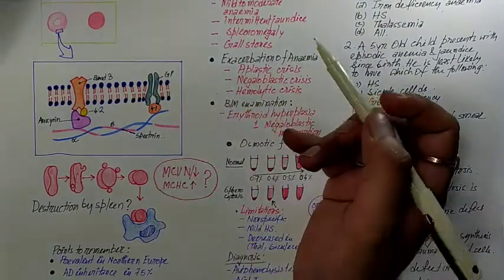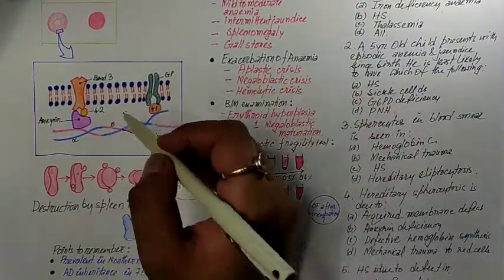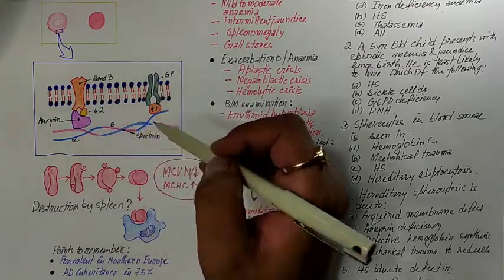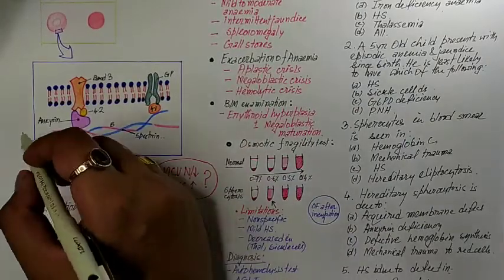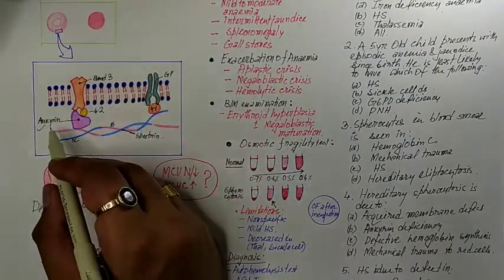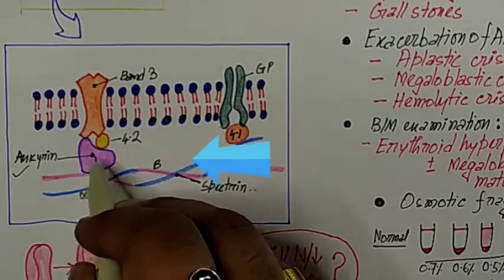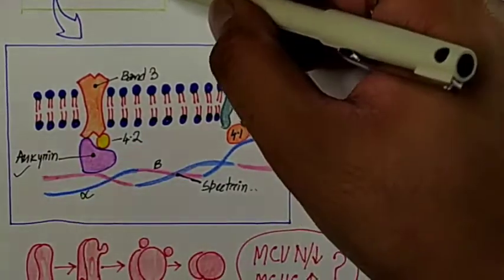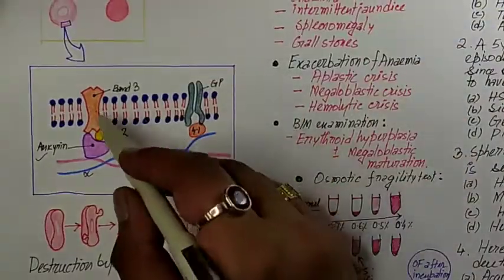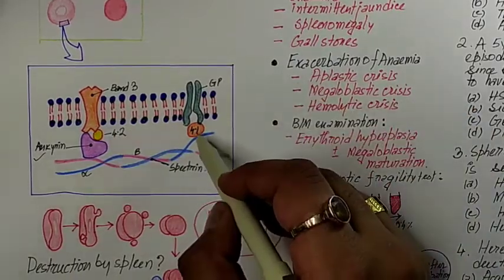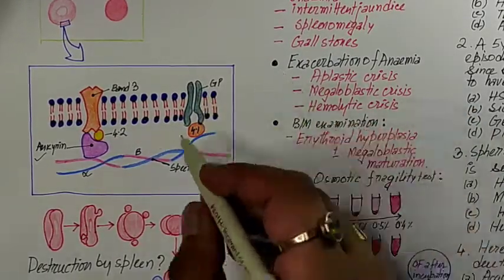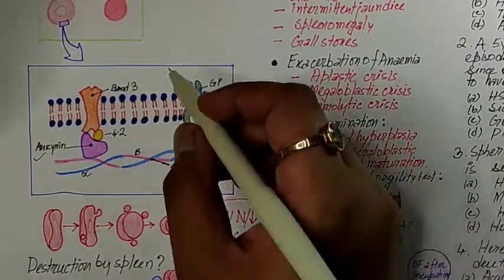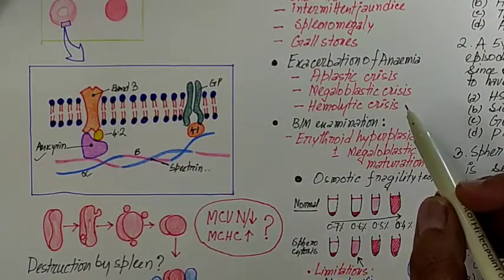Now, in case of hereditary spherocytosis, there is deficiency or defective production of these types of proteins. The most common defect is related to the ankyrin protein. This is the most common defect in the red cell membrane in hereditary spherocytosis. But defects in band 3 protein, protein 4.1, glycophorin, and also spectrin defects can result in hereditary spherocytosis.